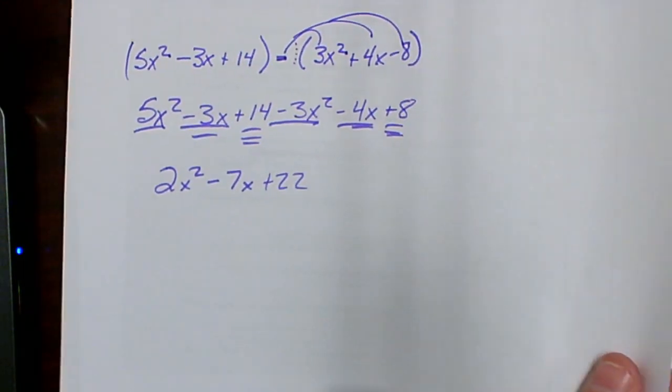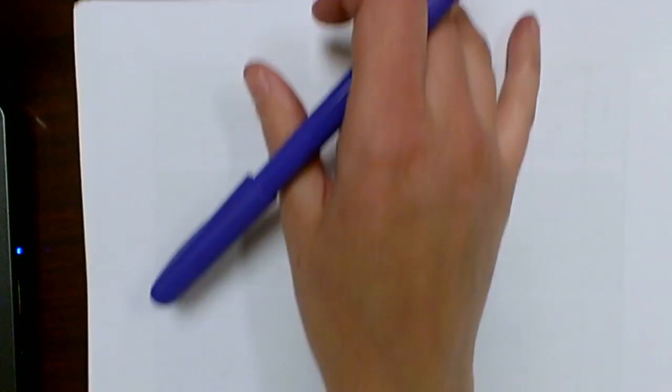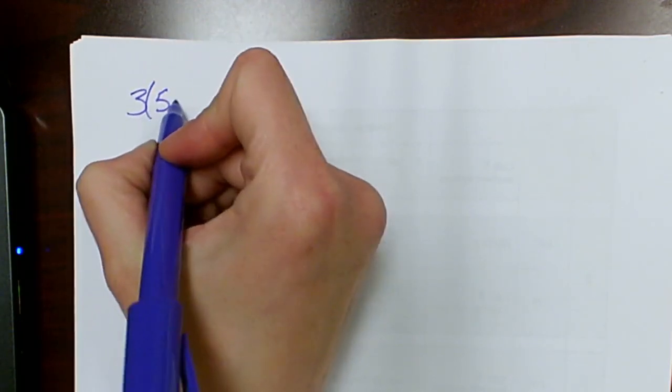Let's look at some linear combinations of polynomials. So we're subtracting or adding, but instead of just distributing the negative, we may have something more. So consider this subtraction problem.